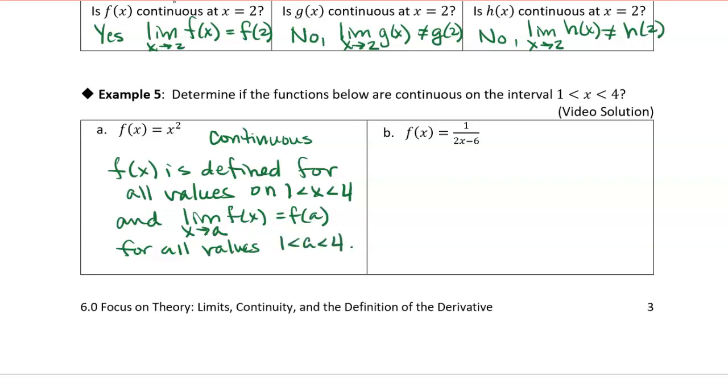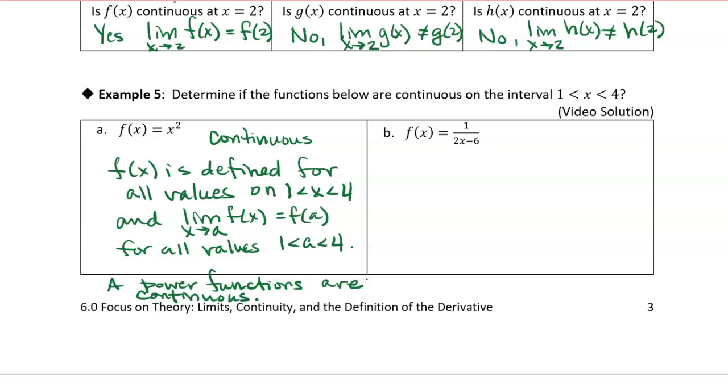Proving this requires a little more rigor, but we're not going to go there. And actually, all power functions are continuous. We'll just make that assumption.